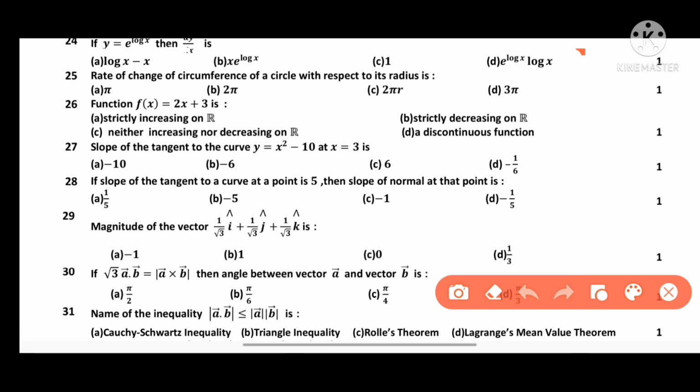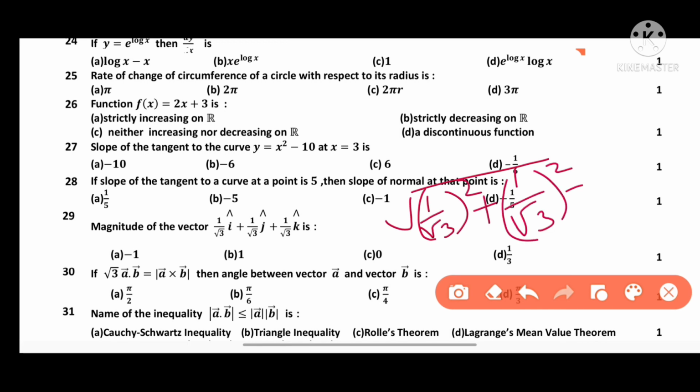Next, magnitude of the vector 1 by under root 3 i cap plus 1 by under root 3 j cap plus 1 by under root 3 k cap is, magnitude of a vector is equal to under root of i component square plus j component square plus k component square.